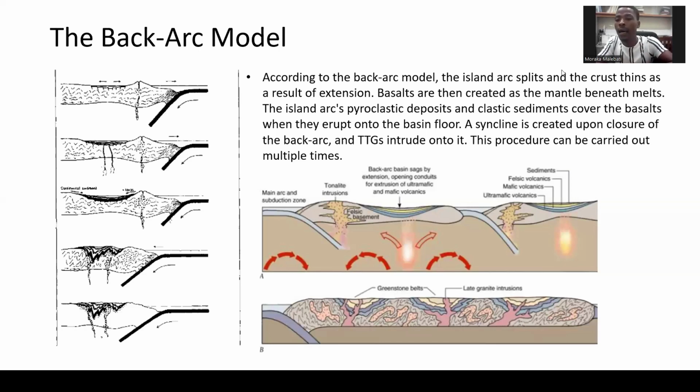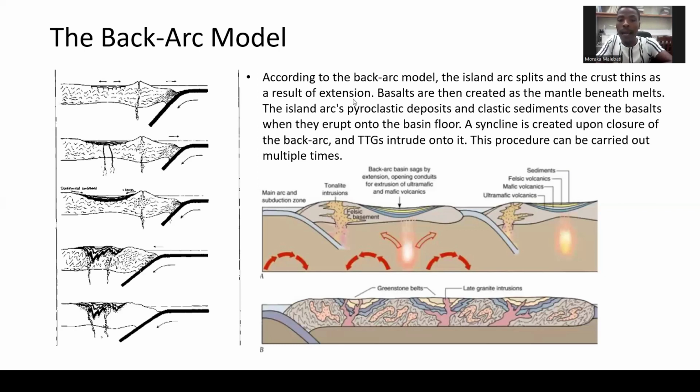According to the back arc model, this island arc splits and the crust thins as a result of extension. Basalts are then created as the mantle beneath melts. Because the crust now is thin, the mantle would start to melt, producing the basaltic magma, which would intrude into this basin.